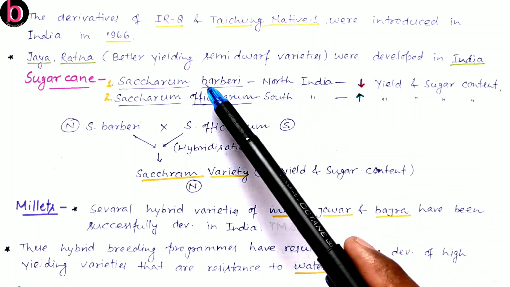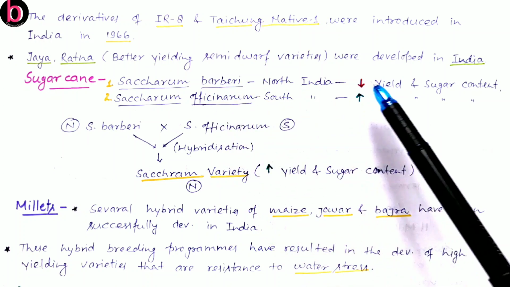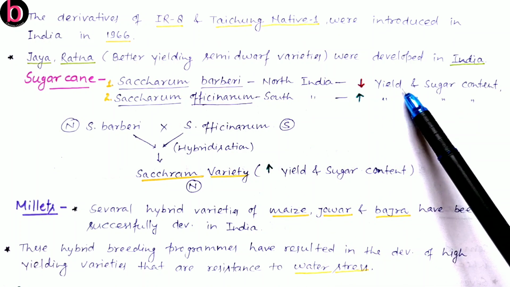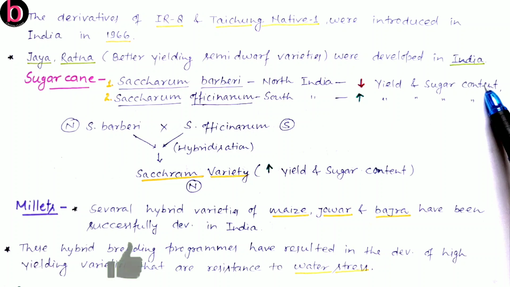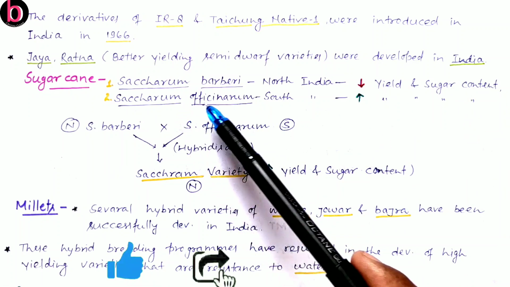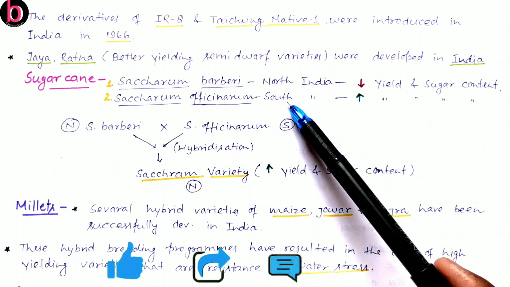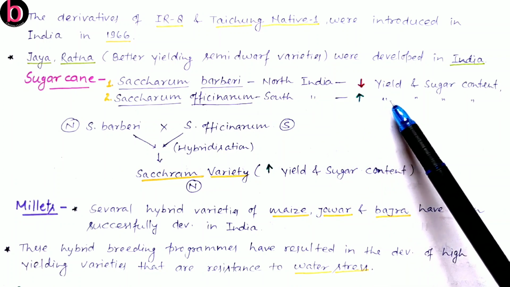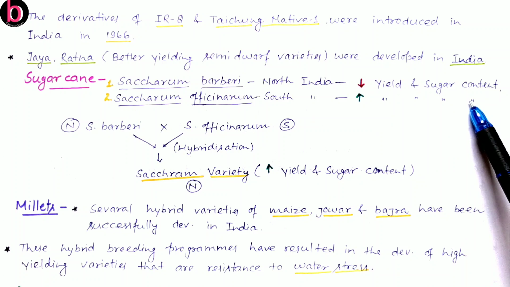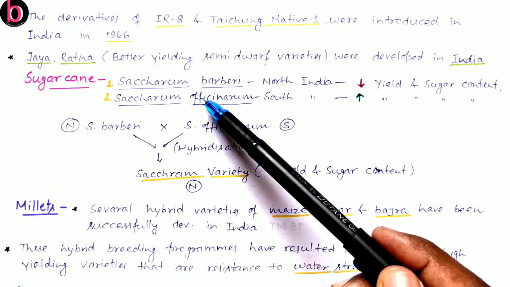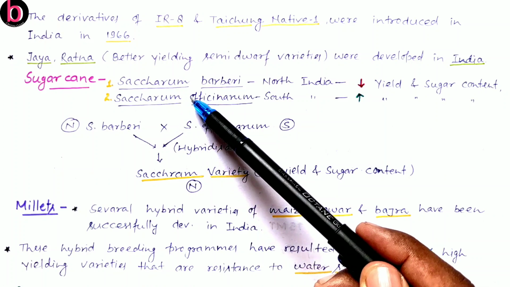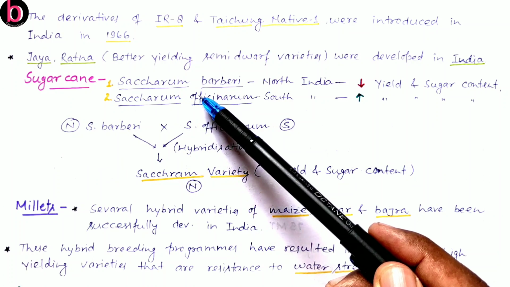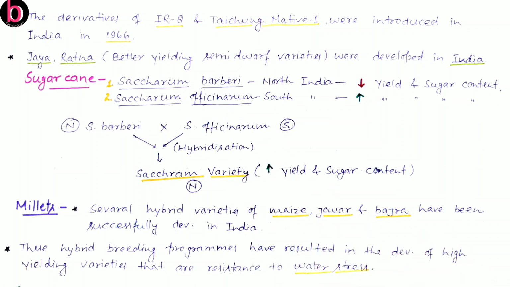This North Indian variety of sugarcane is very poor in yield as well as sugar content, while Saccharum officinarum, grown in the South Indian region, was very good in yield as well as sugar content. It has a thick stem. The problem is that this high yielding variety, Saccharum officinarum, was not capable of growing in North Indian climatic conditions.